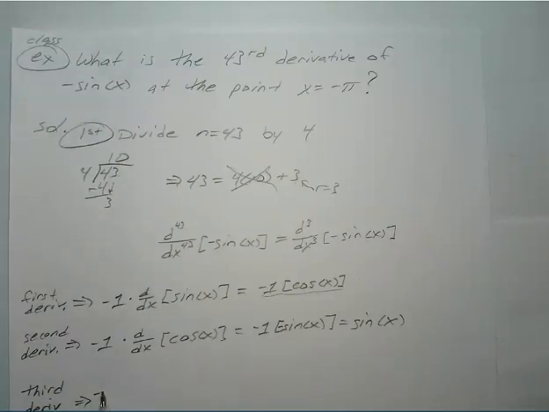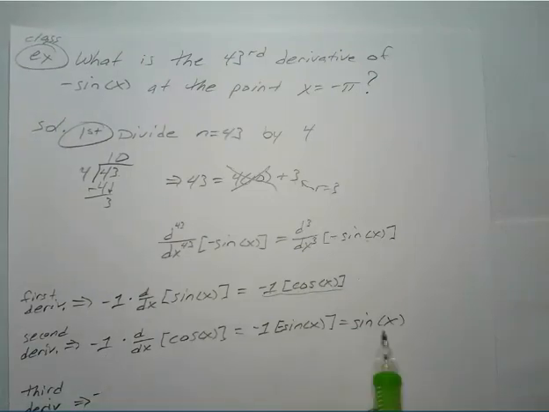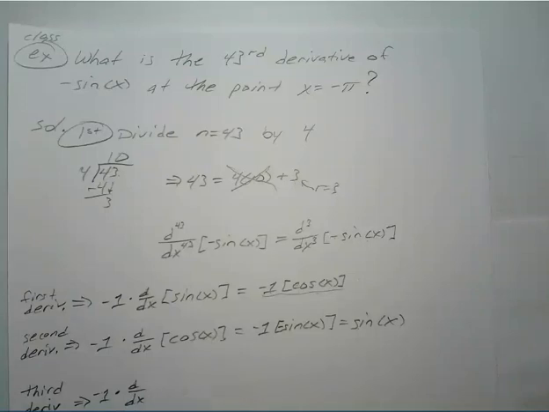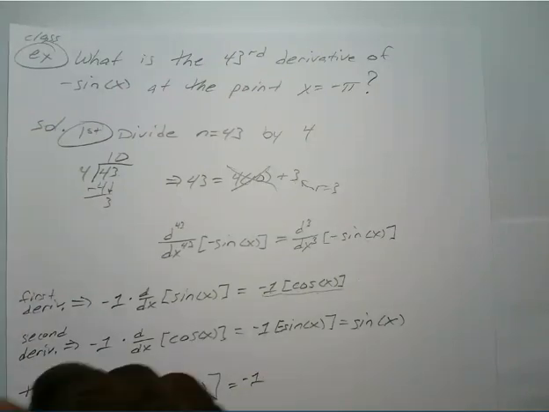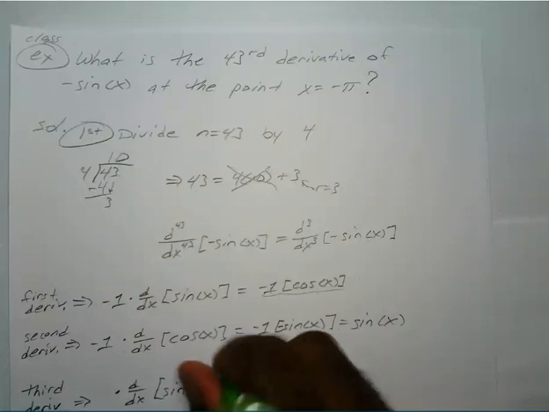Okay, so our third derivative, that will be, since that's still negative 1 times that, the derivative of sine of x. Oh, actually we already applied the negative 1, so we wouldn't need the negative 1 here, because that's positive.